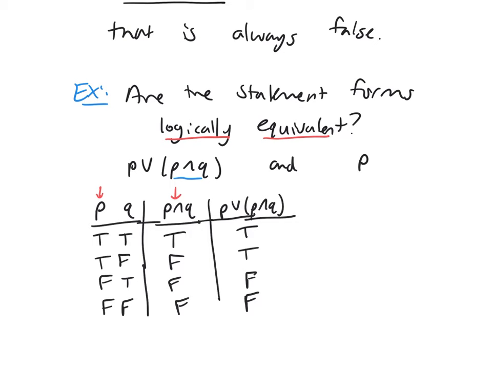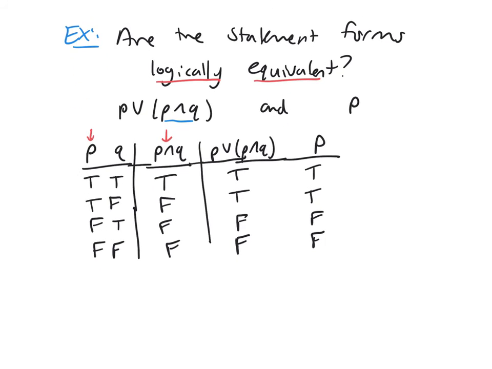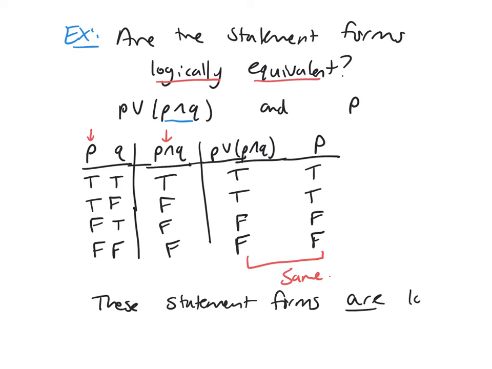Now if you compare this to the P column, you'll see that these two columns are the same. These are the same, which means these statement forms are logically equivalent.